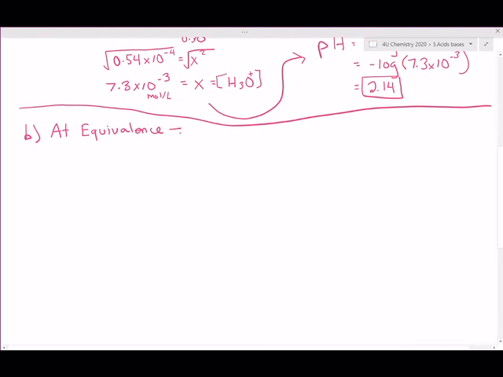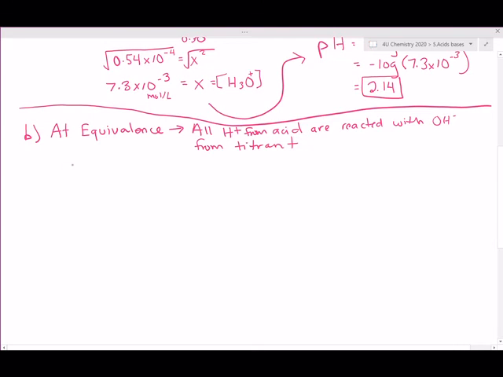So that is really what's going on. So all hydrogens from the acid are reacted with hydroxides from the titrant. Okay, so that's what is happening.